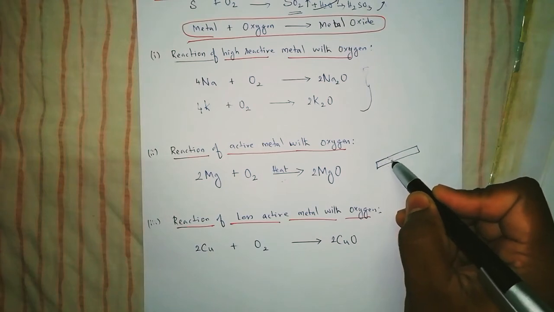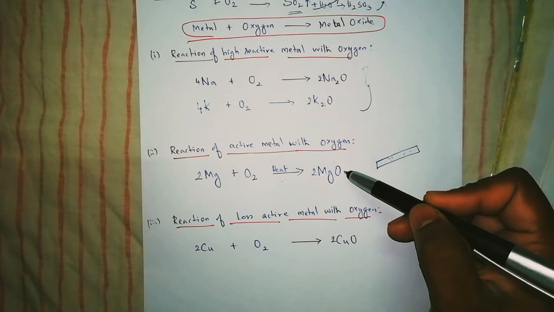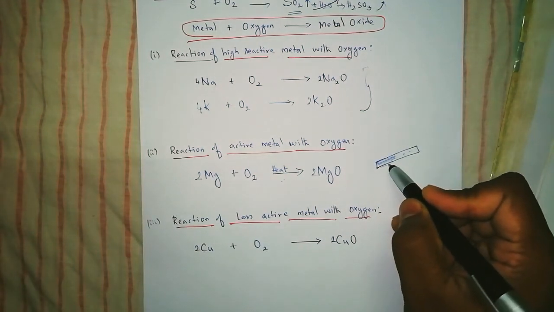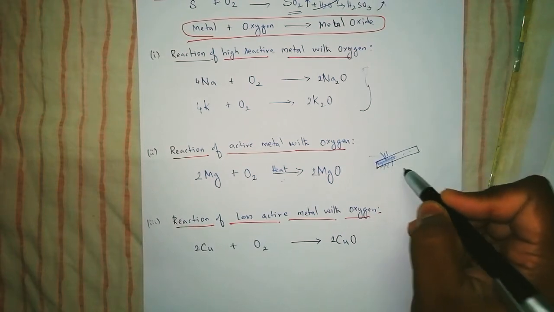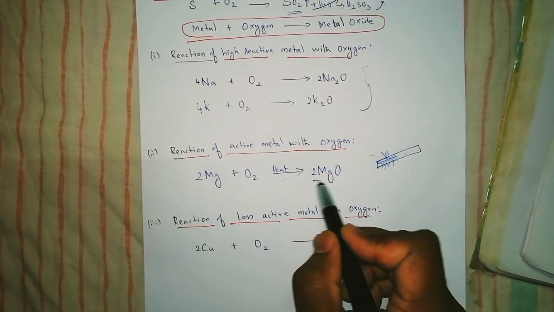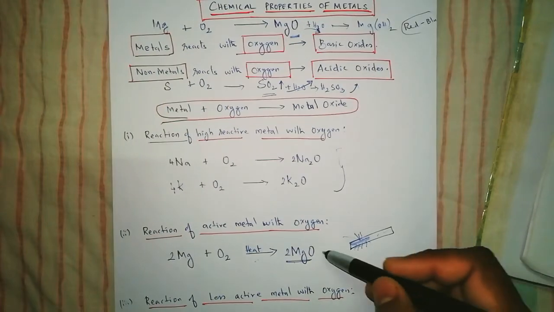You can see rust forms on the top. That is why before using it for burning, I am rubbing it with sandpaper, so that I am removing the rust which forms on the top layer. So once it is burnt, it gives magnesium oxide, and this is also basic in nature, and that is what we learned in the starting.